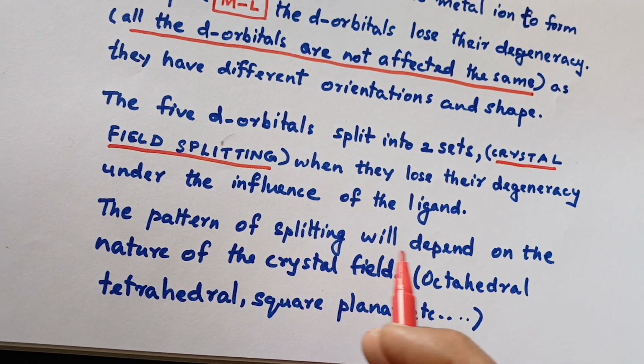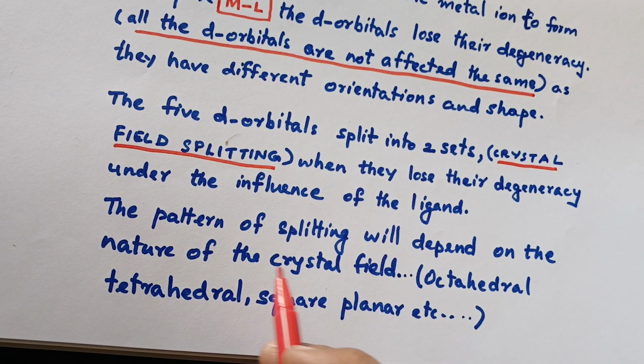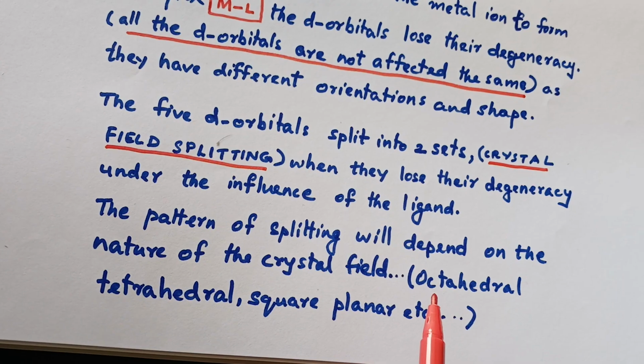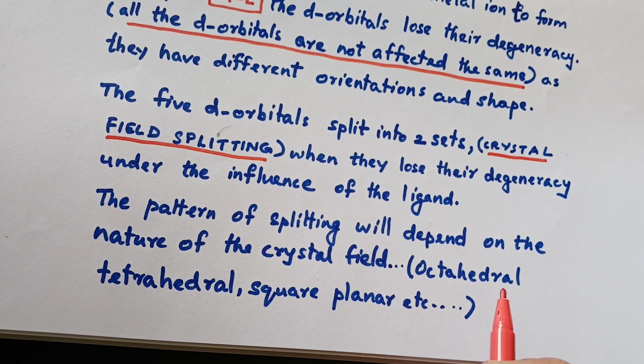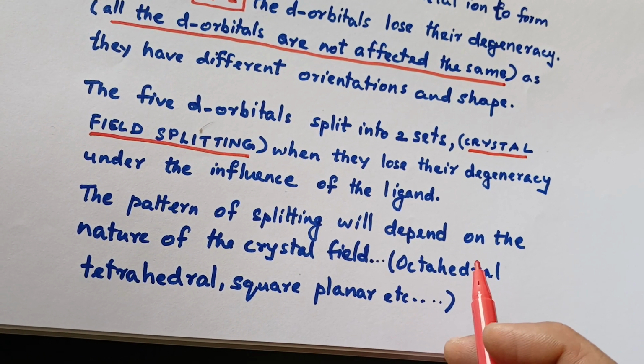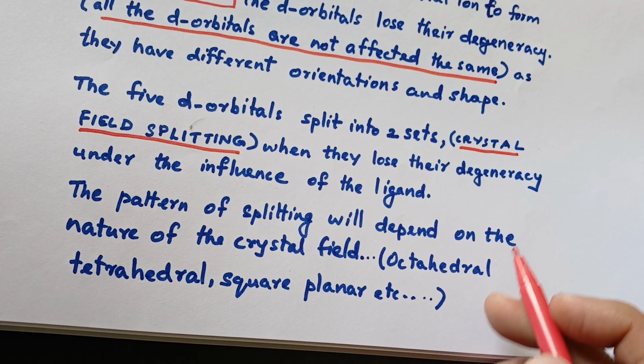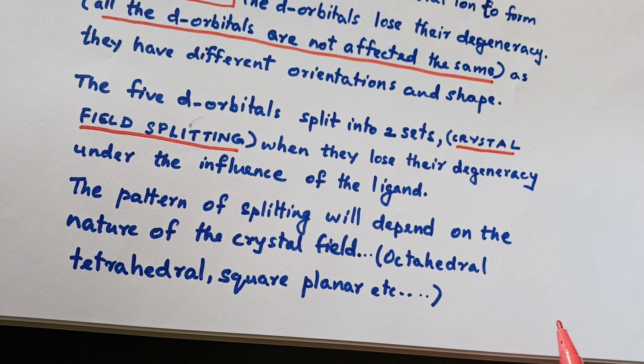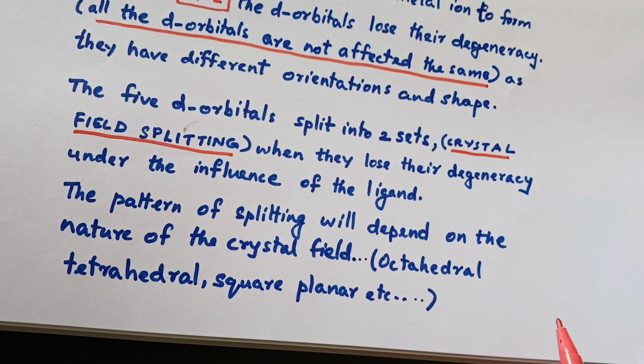Now, the pattern of splitting will depend on the nature of the crystal field. If they are octahedral, we know that they will split into the higher eg set, and at the bottom they form the t2g set.